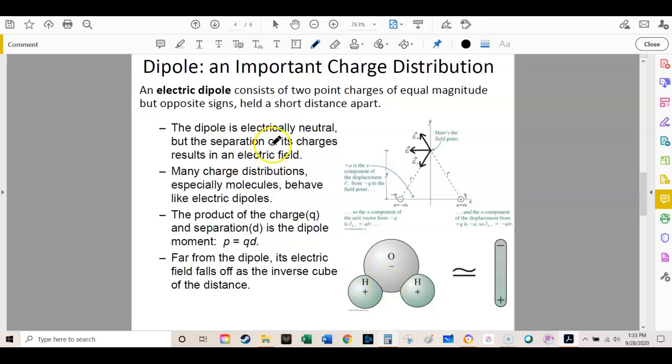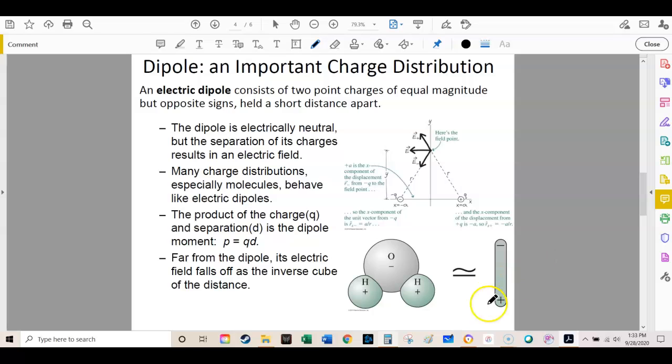So a water molecule, for example, would be considered a kind of dipole.